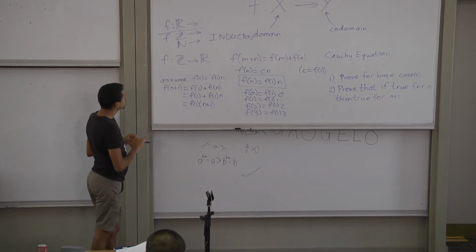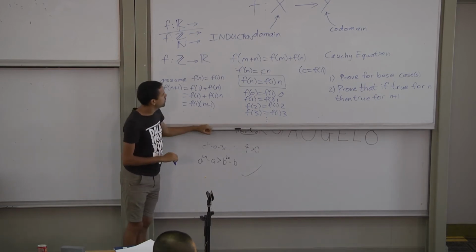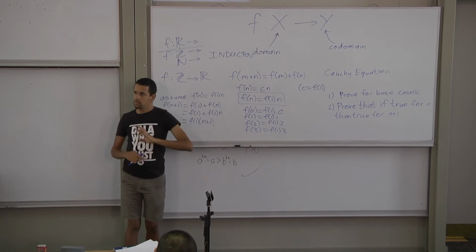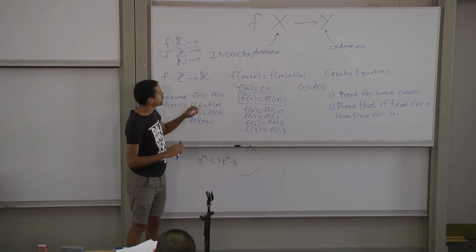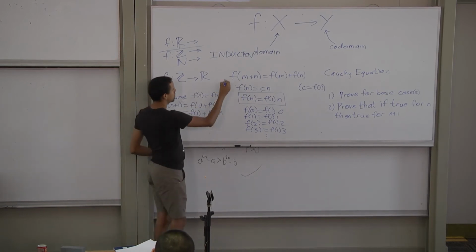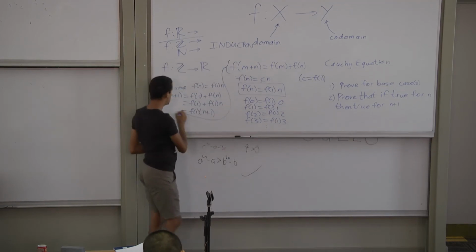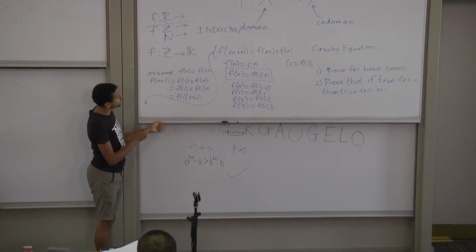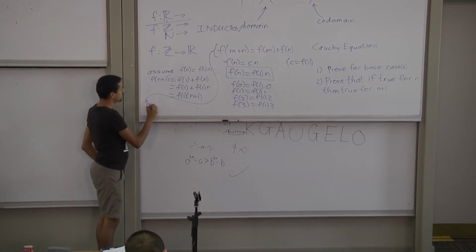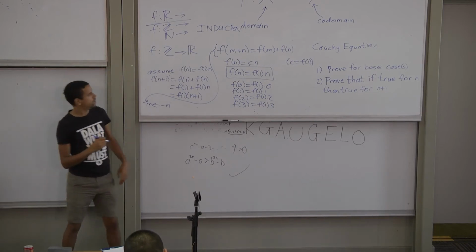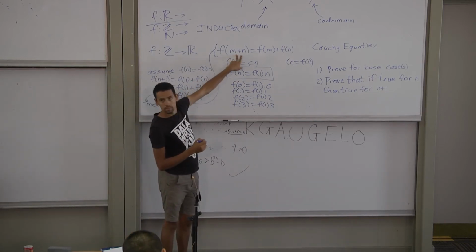So how can we do that? Well, we know that f of 0 is equal to 0. We've done that before. So we can take our equation over here, and let's say we put m to be negative n, so that we get a 0 in there.